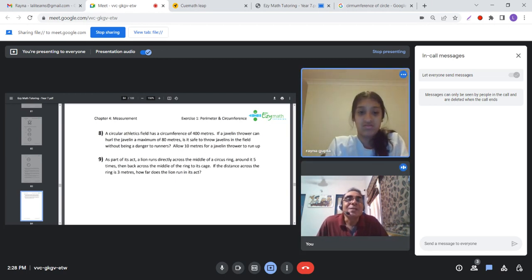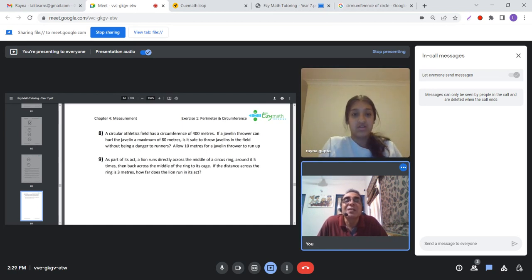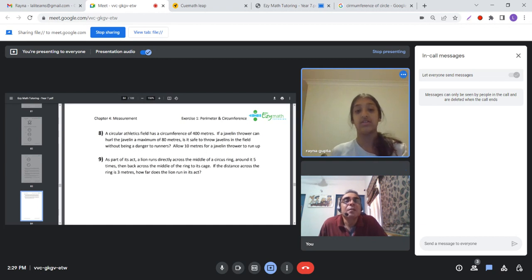So first you need to see what diameter is there for the circle. How much is its diameter? If its circumference is 400, how much is the diameter? Circumference is pi d.